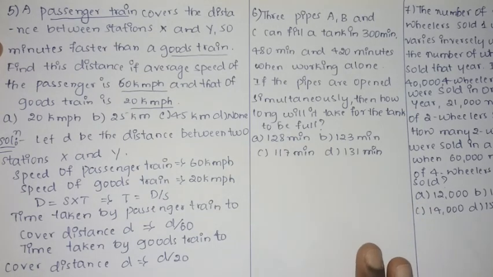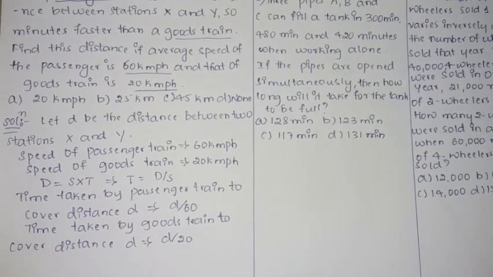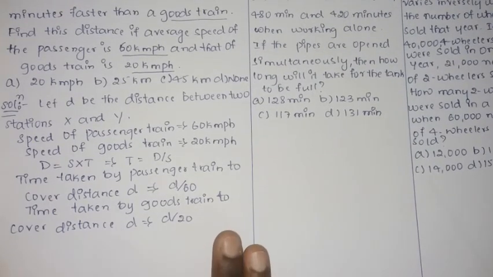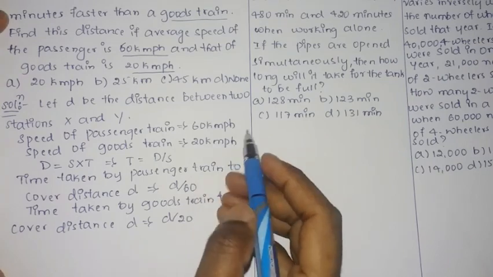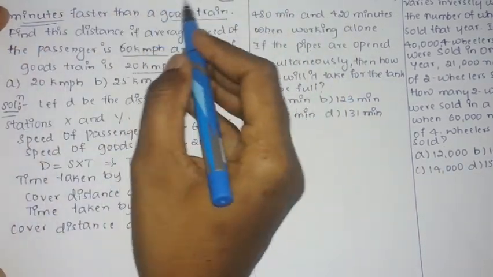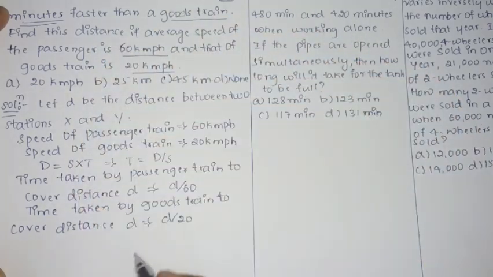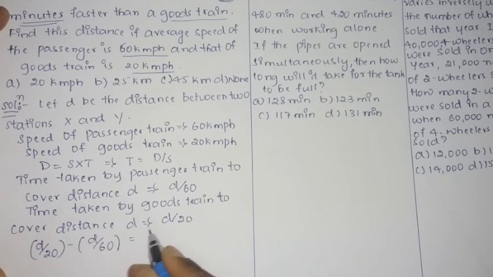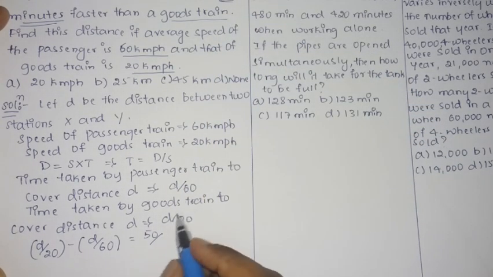Next, they have told that the passenger train between x and y is 50 minutes faster than the goods train. So you can write it as d by 20 minus d divided by 60 equal to 50 minutes, and you need to convert 50 minutes into hours, so 50 divided by 60 hours.